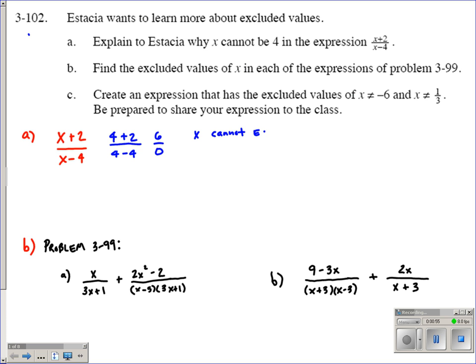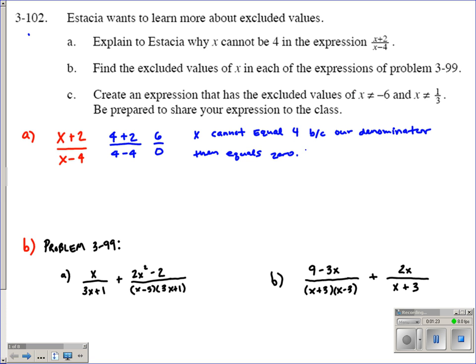So if we wanted to write out an answer for this problem, we could say x cannot equal 4 because our denominator ends up equaling 0. So x cannot equal 4 because our denominator then equals 0.